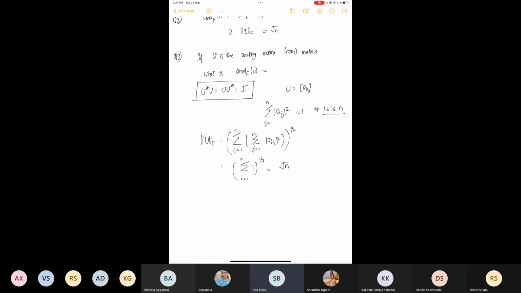Also, the Frobenius norm of U inverse is nothing but the Frobenius norm of U conjugate transpose, right? From star.